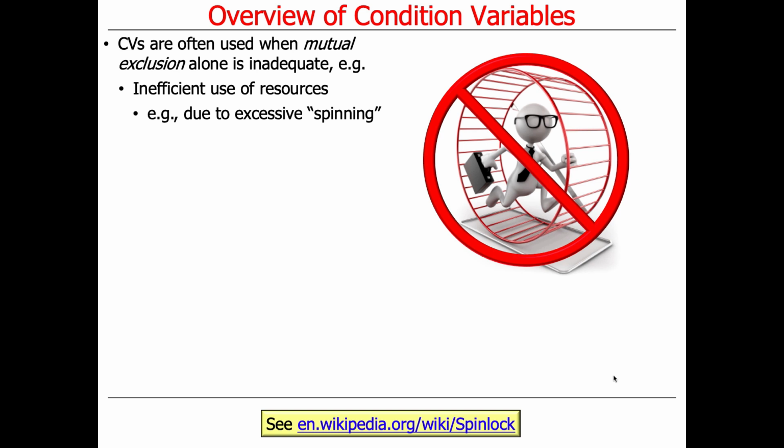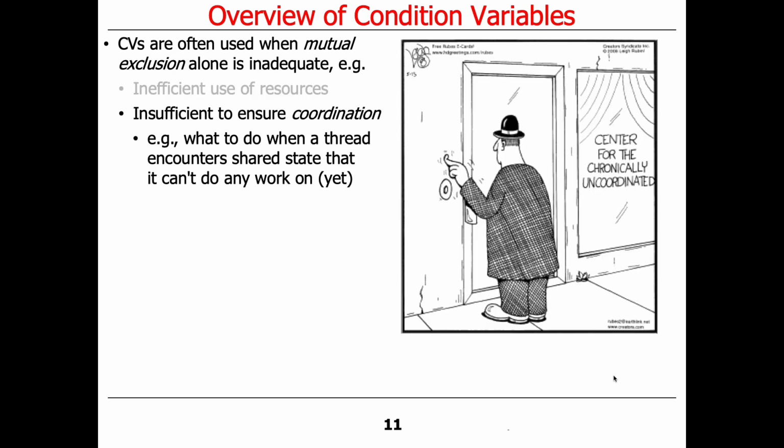So if you want to wait until the queue is not empty and you don't use a condition variable, and you only use a mutex, you'll have to sit there and spin and check and check and check. And that's wildly, wildly inefficient. Okay, so that's one reason, inefficient use of resources. Another is a mutex alone is not capable of providing coordination.